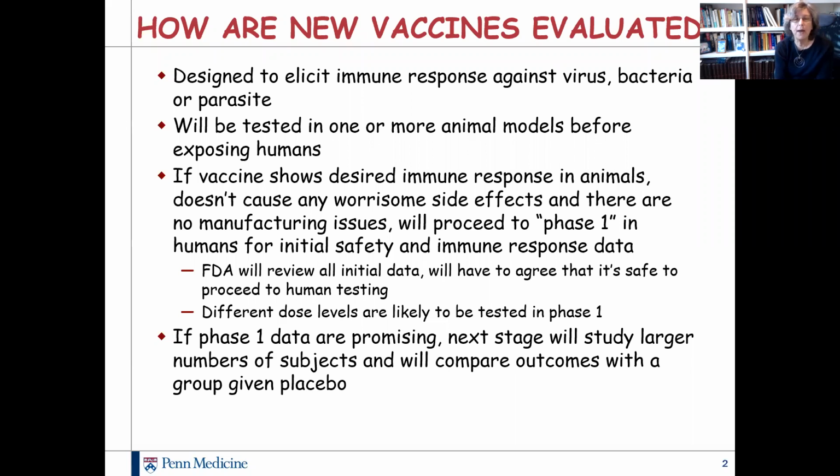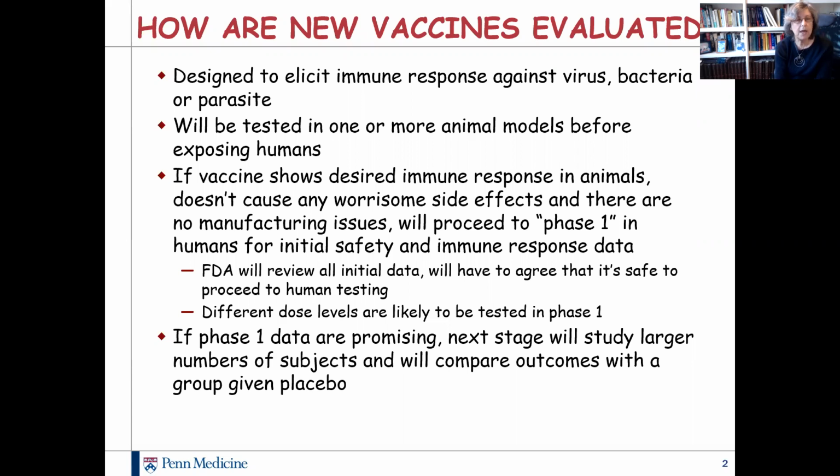Those of you who are aware of, I'm sure most of you don't remember, but you're aware of what happened with the first polio vaccine, the Cutter incident, where manufacturing deficiencies initially caused cases of paralytic polio in some vaccine recipients. So vaccine manufacturing is looked at very, very carefully.